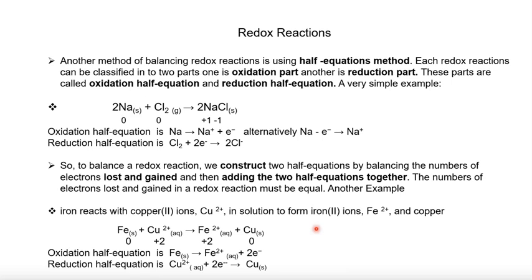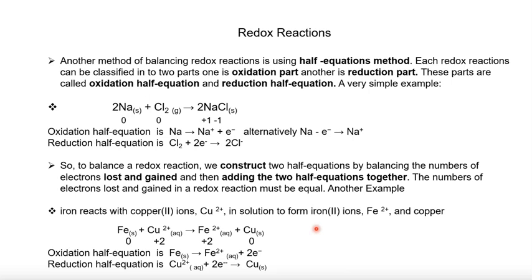Now we go for another method to balance redox reactions. This is what we call the half equations method. What does half mean? In every redox reaction we have an oxidation and a reduction reaction going simultaneously.